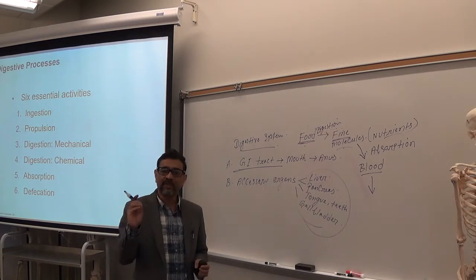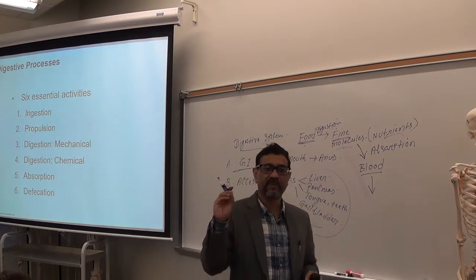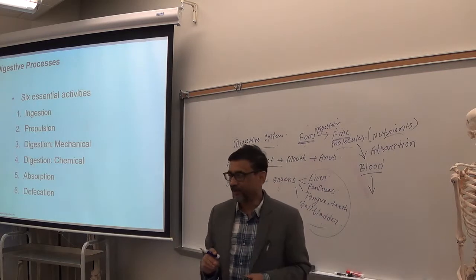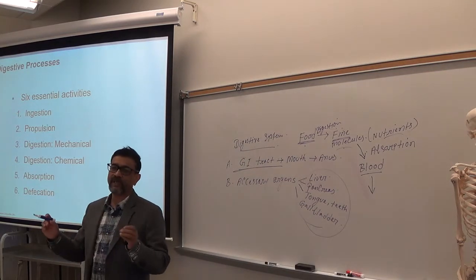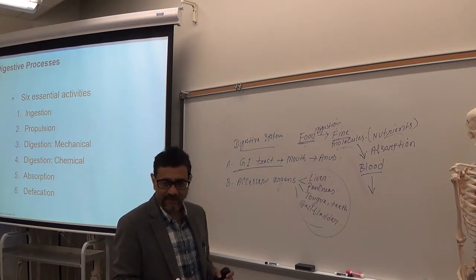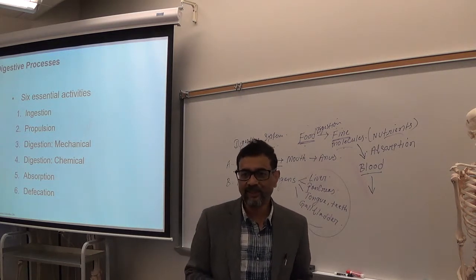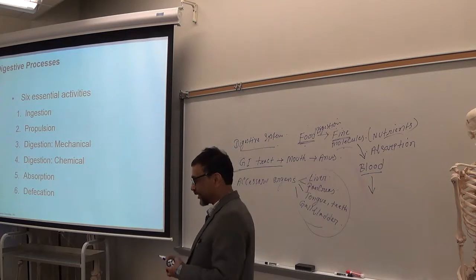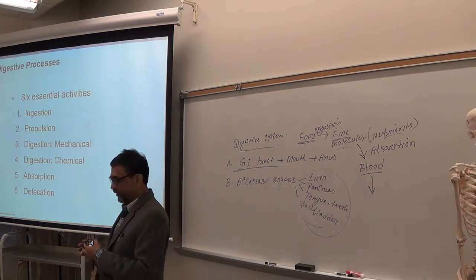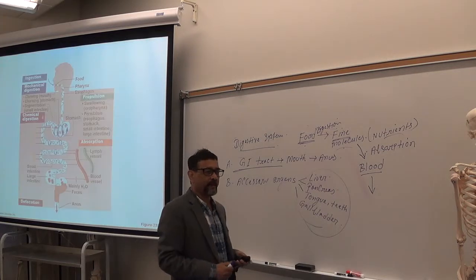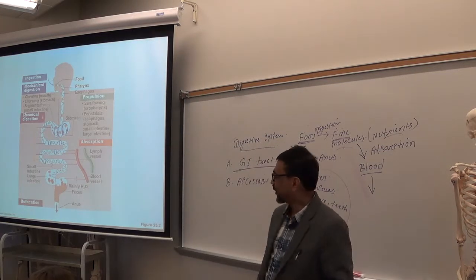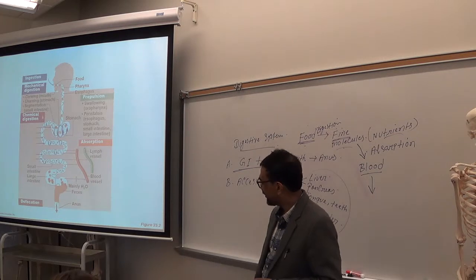So those unnecessary foodstuffs remain in your intestine, will get out from the body as feces, and that is called what? Defecation. Okay. So those are the processes that take place in your GI tract. This picture is showing those processes. Okay.